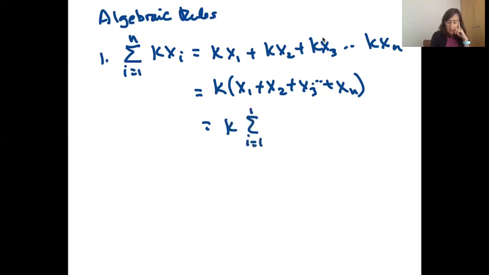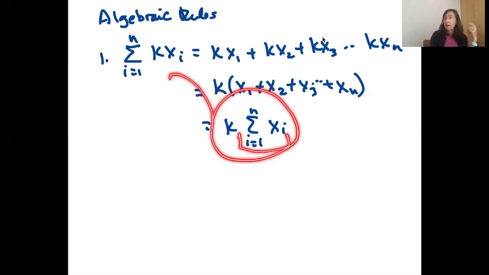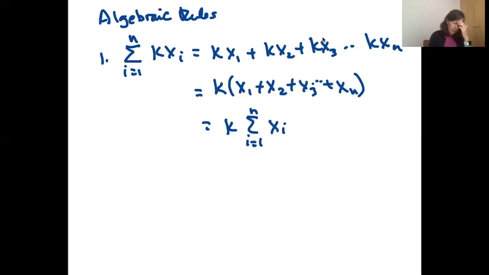So it's k times the sum as i goes from 1 to n of xi. Okay. So something that you will see, we'll be doing it in 200A. I use this kind of algebraic logic a fair amount. Starting with a sum like this, we can factor the k outside of the summation. And the reason why we can do it is because it's not changing as i changes.